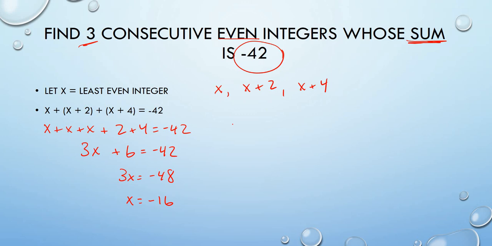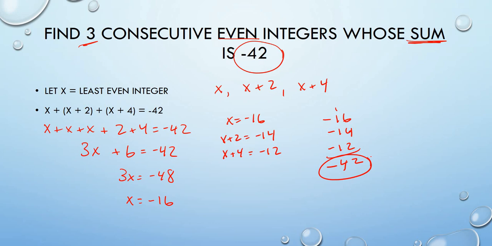Let's check it out. So if x equals negative 16, x plus 2 would equal negative 14, and x plus 4 would equal negative 12. If I add those together, they're all negative, so I can add them up and keep it negative, and I do in fact get negative 42.